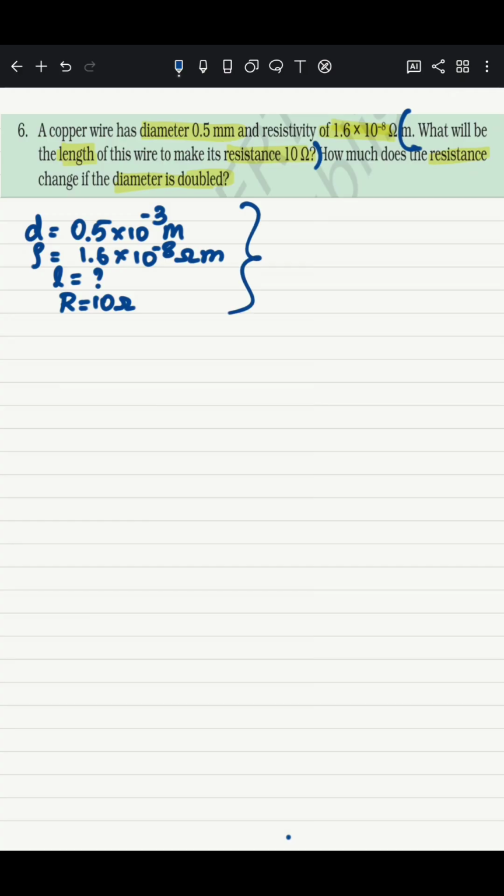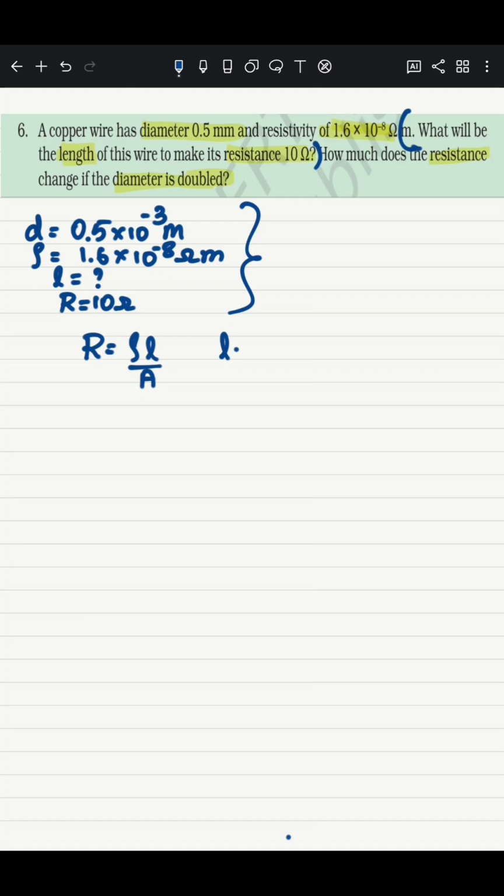So now what we have to find out? We have to find out the value of length to make the resistance of the wire as 10 ohms. So by the given data, we already know the formula, that is R is equal to rho L by A. I can reframe this.